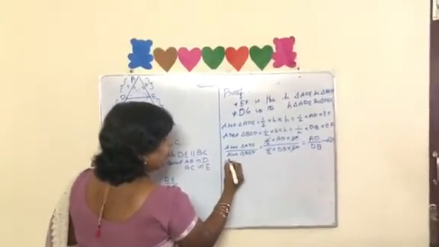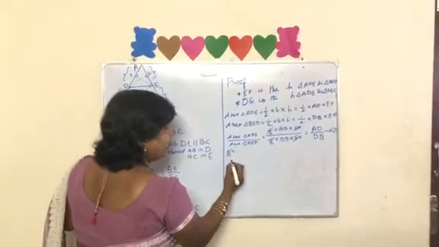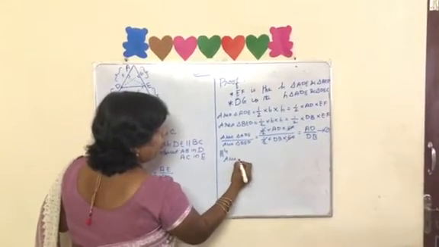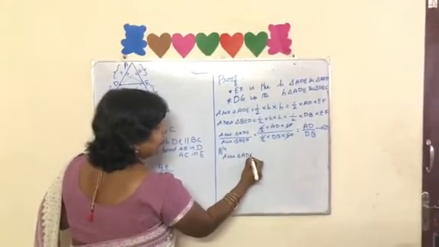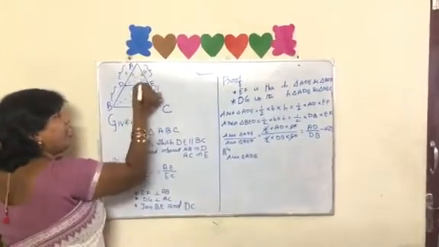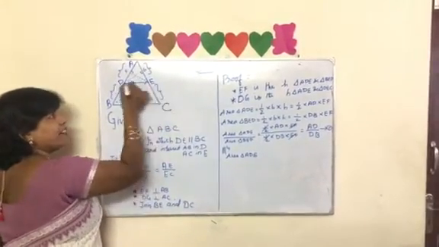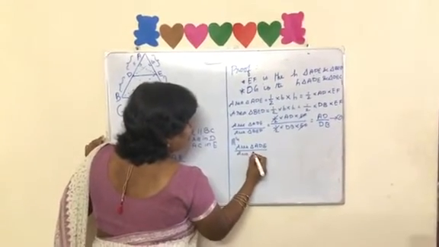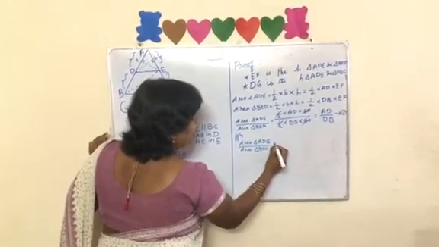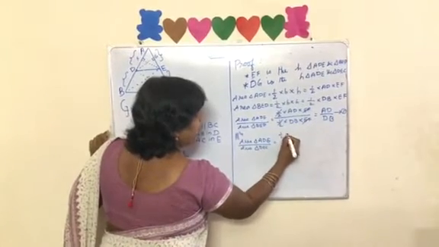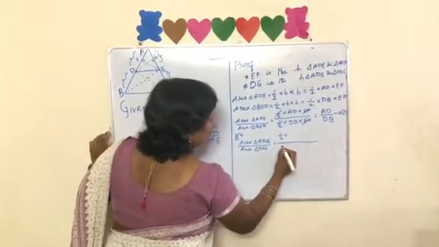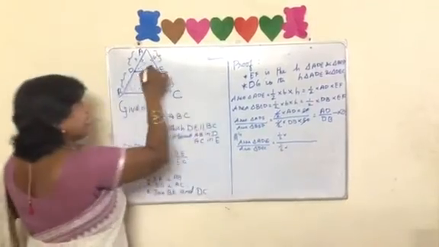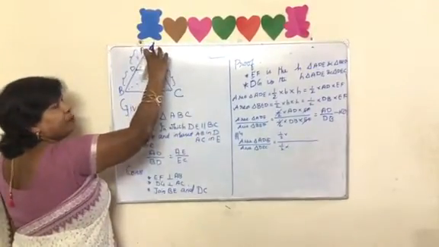The next equation, similarly, we can write the same thing. Area of triangle ADE, that is this triangle, and I am going to take the DEC triangle, that is area of triangle DEC. The same formula, half into base. Which is the base here? AE is the base.